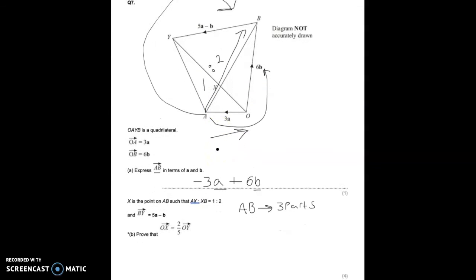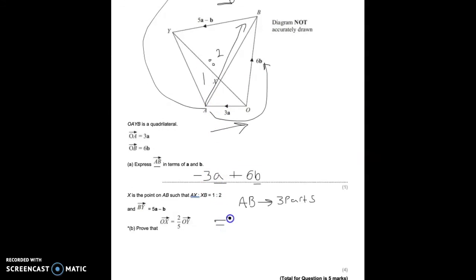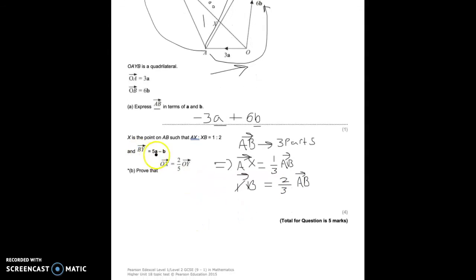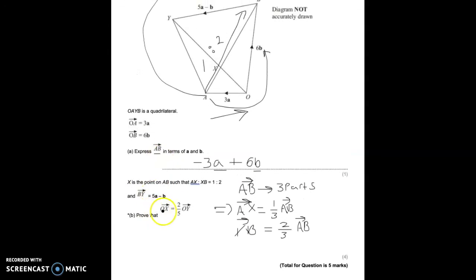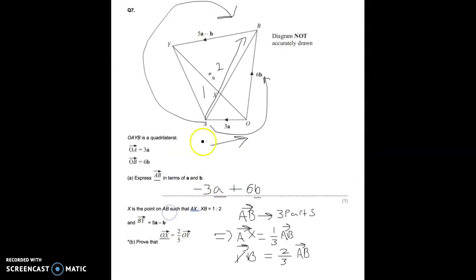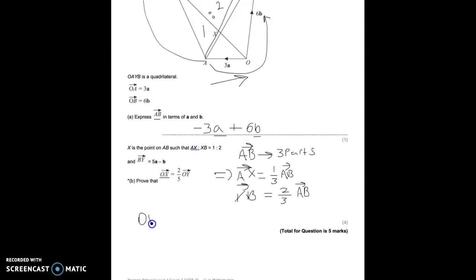So we've already found the vector AB, so we can instantly say that AX is equal to a third of minus 3A plus 6B, and XB is equal to 2/3 of minus 3A plus 6B. In order to answer this question, we have to find OX and allow ourselves to compare it with OY, to prove the question.